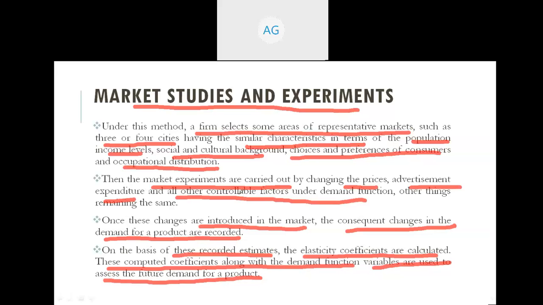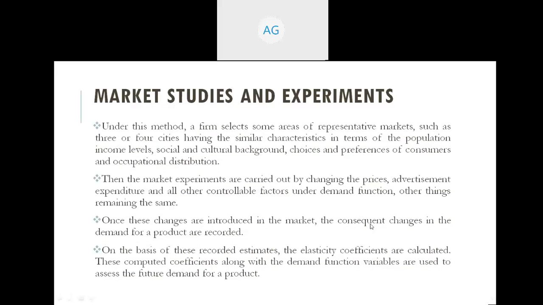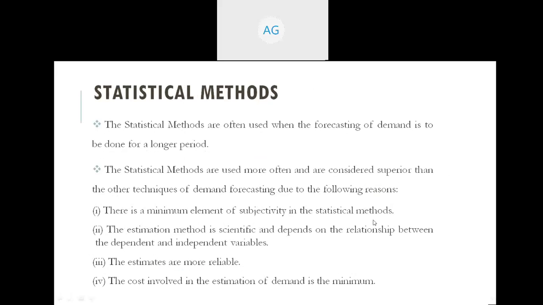So by doing this exercise, the market studies and experiments are conducted by the organization in different cities and different regions of the country in order to forecast demand. So this concludes the survey method.